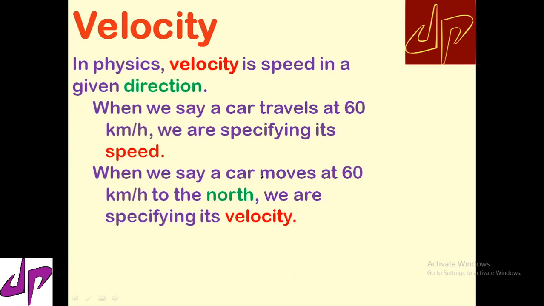Velocity is nothing but speed in a given direction. When you say a car travels at 60 km per hour, you are not specifying any direction, you are only specifying its speed. But when you say a car moves 60 km per hour to the north, you are specifying its velocity.